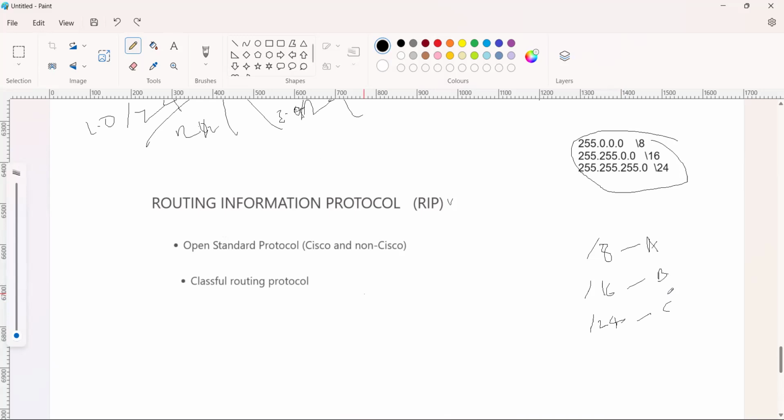Classful protocols do not carry the subnet mask. Now moving to classless, it will carry the subnet mask.